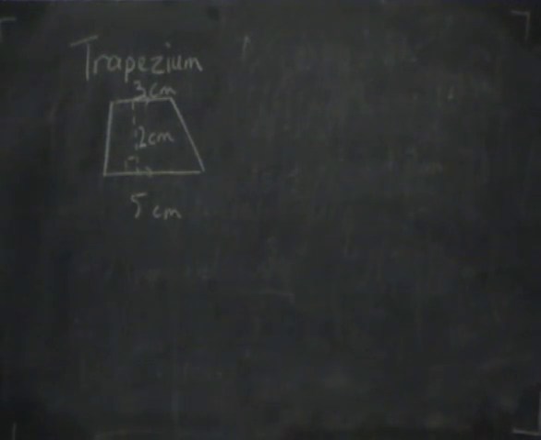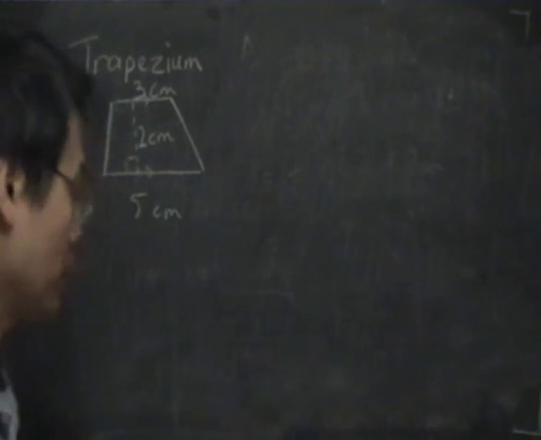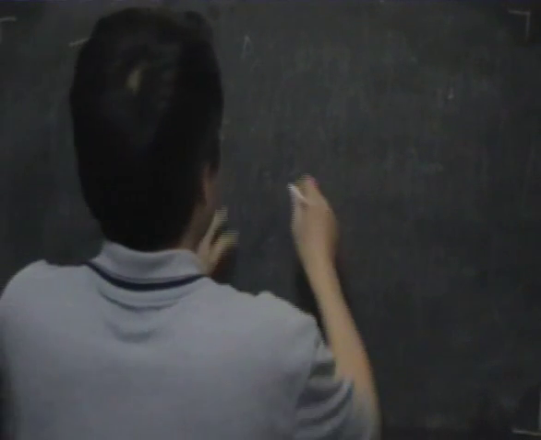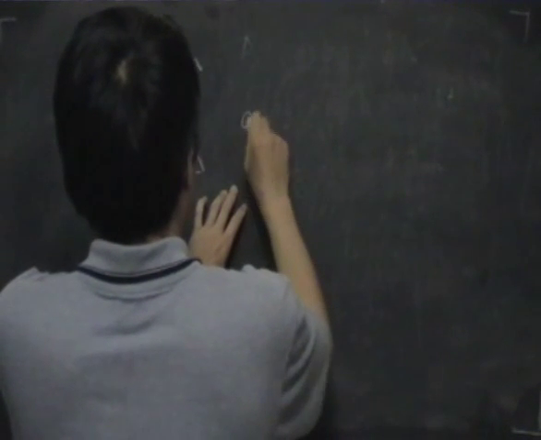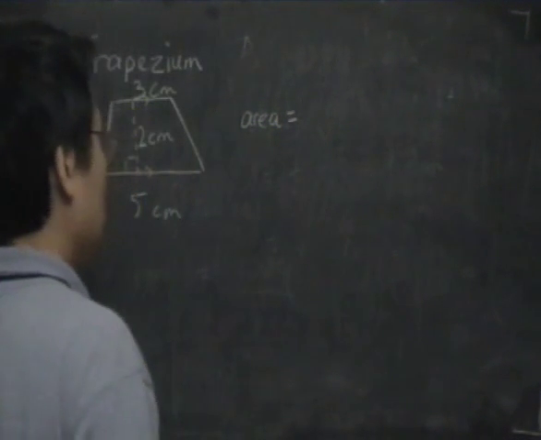Now, what is the formula to find the area of a trapezium? Okay, let me write down the word equation. It goes like this.